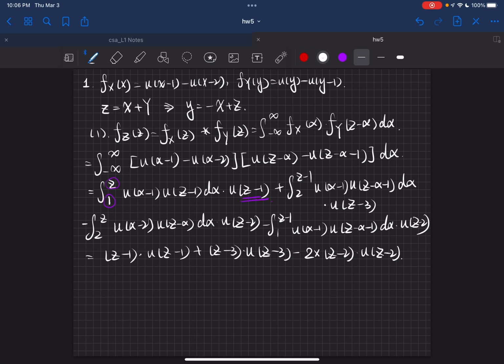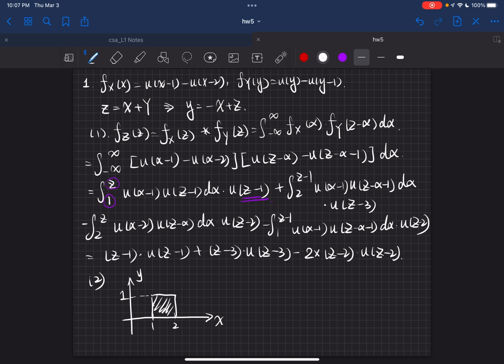And next we will redo this problem with the geometry method. And since we know the joint density of fx and fy is equal to this representation, if we draw x and y in the same plane, it should be this area.